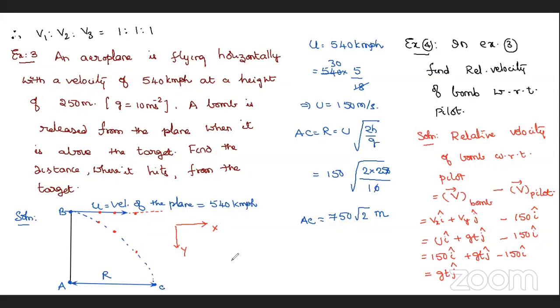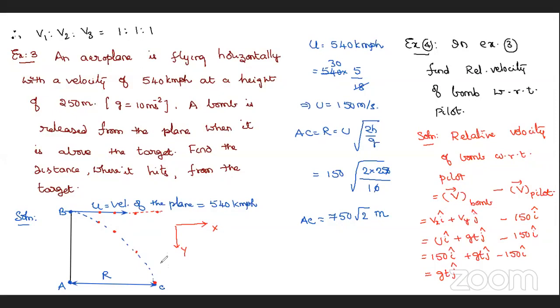What I am trying to say is that whenever the pilot sees the bomb, along the x-axis there is no relative velocity. That's why the bomb will appear below the pilot only. When the pilot comes to here, the bomb is exactly below the pilot and hits the ground somewhere here. So my question is, can the pilot see the bomb where it hits the ground or not?